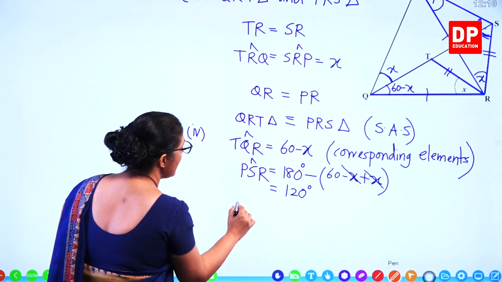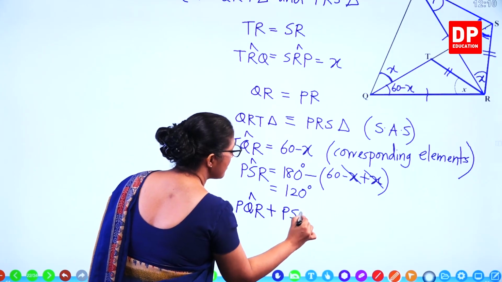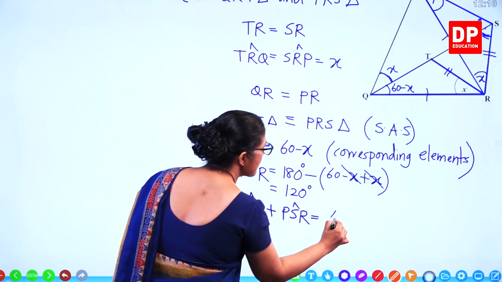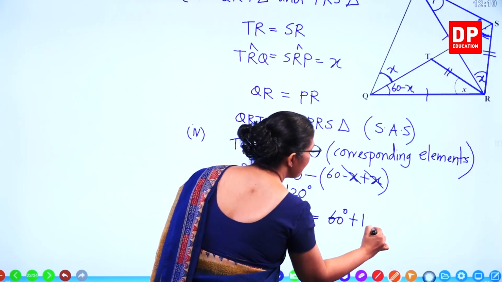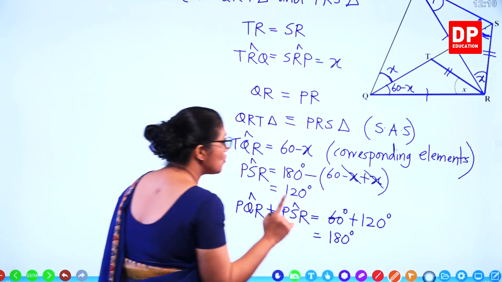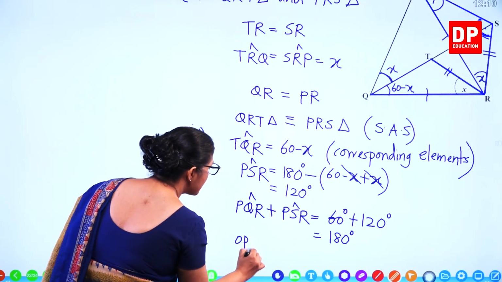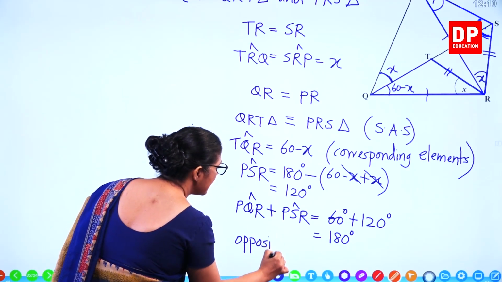So we can write PQR plus PSR. What's the value? 60 plus 120. That's equal to 180. So that means opposite angles are supplementary.